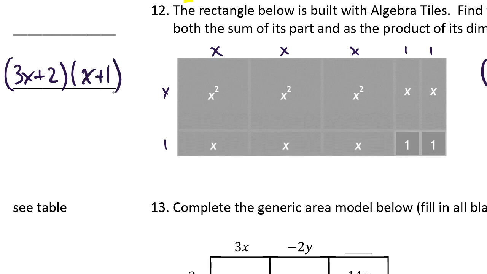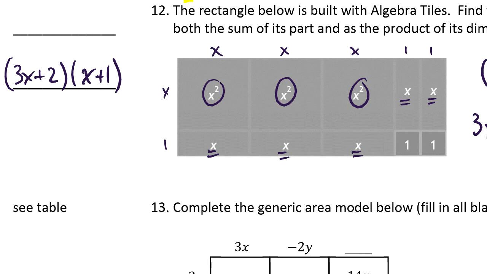The other way I can get the area is to write it down as the sum of its parts. That's the product of the dimensions. Let's write it down as the sum of its parts. Well, if you look at it, I've got 1, 2, 3 x squared parts. So this area contains 3 x squared tiles. It contains 1, 2, 3, 4, 5 x tiles.